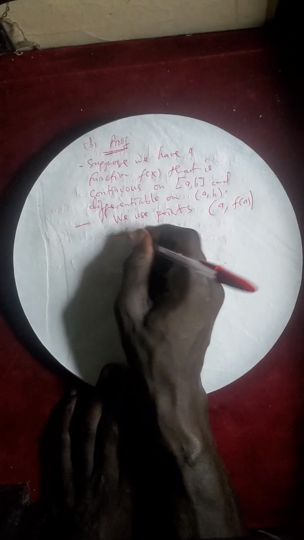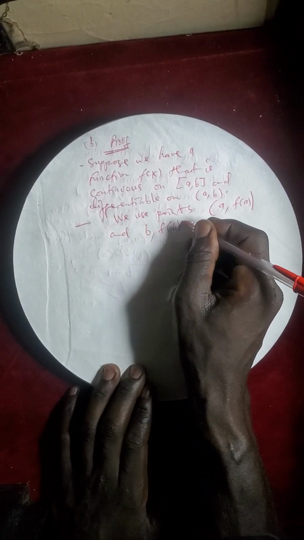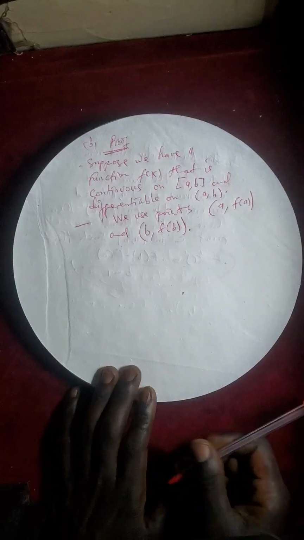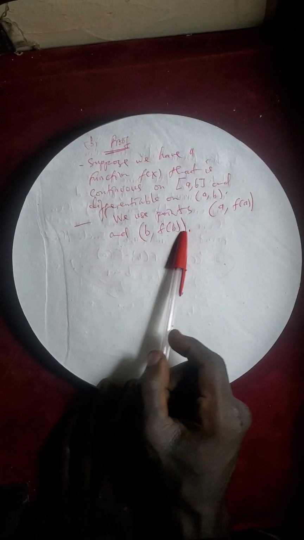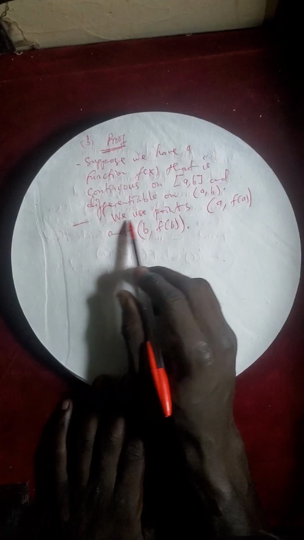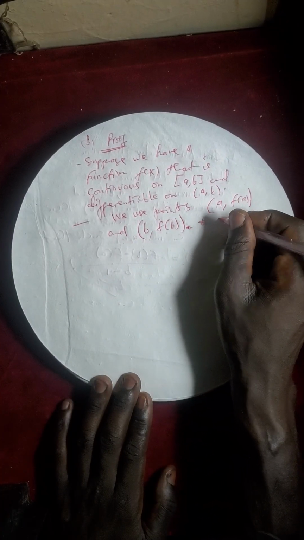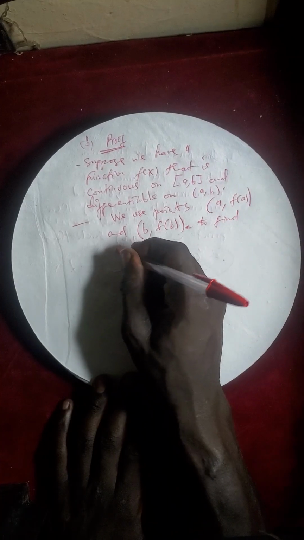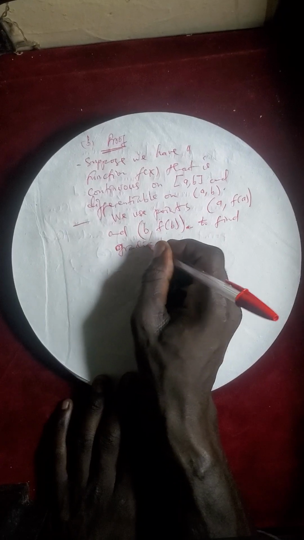And then the other point, we're going to use B and what? f of B. So these are the points we're going to use. So this one is acting like A, and this one is acting like B. So that's about it. And then we use the points, this one and this one, to find M, which we call the gradient. To find the gradient.